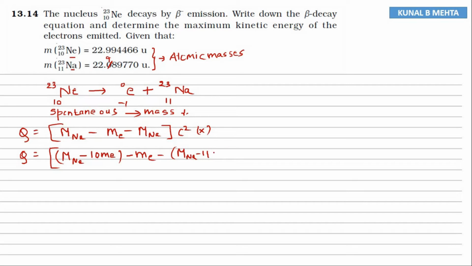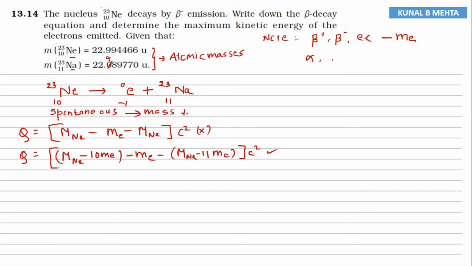There are 11 electrons in sodium, times c square. This is our correct equation. Now I would like to make a note that in beta plus, beta minus, and electron capture, you will have to remove the masses of electrons.